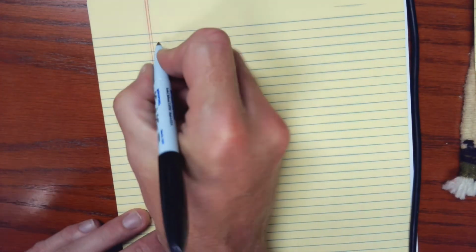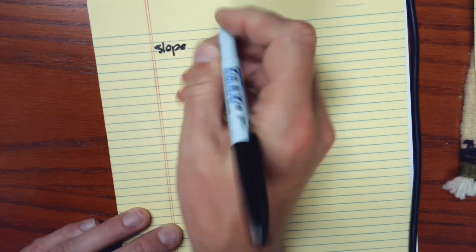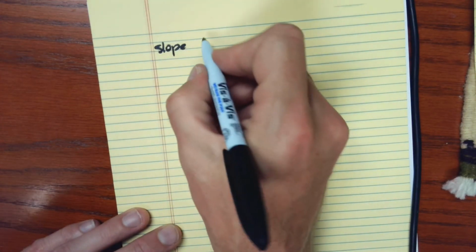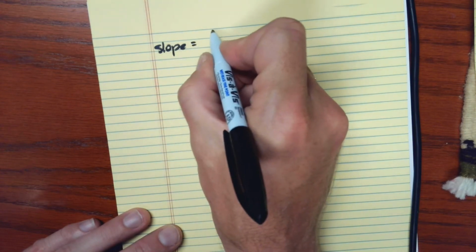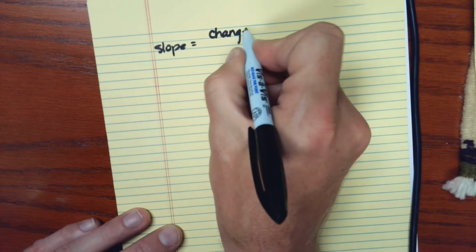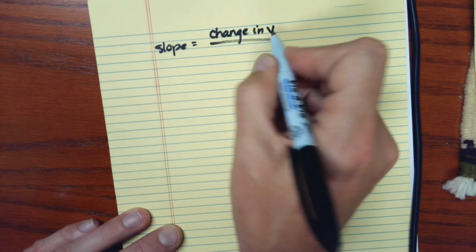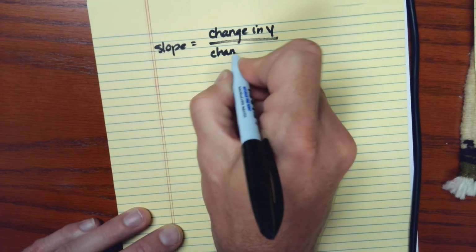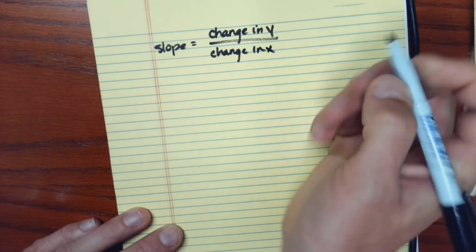All right, so another characteristic of a line that's often of interest to us is its slope. So the slope is sometimes defined as the change in y over the change in x.